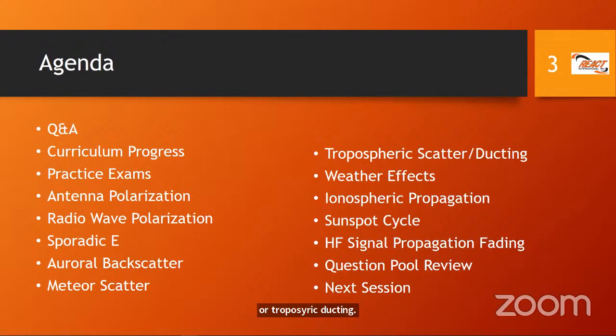Then we discuss a little deeper ionospheric propagation. We talk about the 11-year sunspot cycle, and we will end the technical topics by discussing HF signal propagation fading. Afterwards, we will do our usual question pool review and then announce the date for our next session.